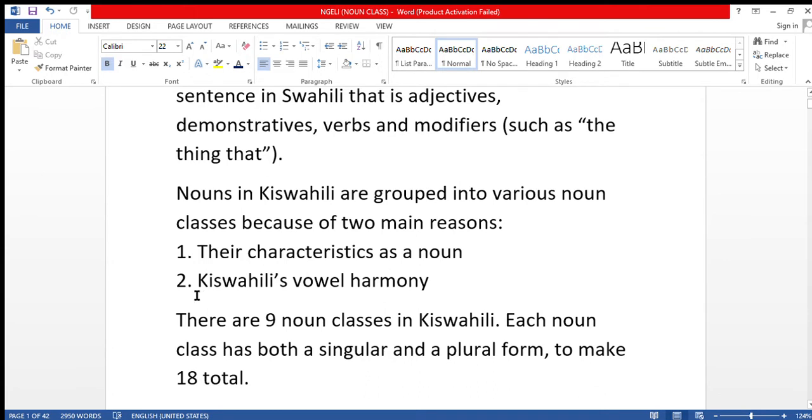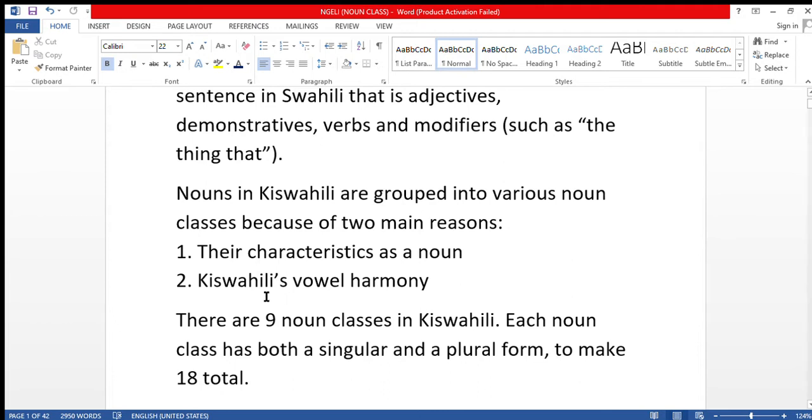Then according to Kiswahili vowel harmony, we look at how the nouns agree with the verbs. When you use the noun in a sentence with the verb, like mtoto anakula, a child is eating.